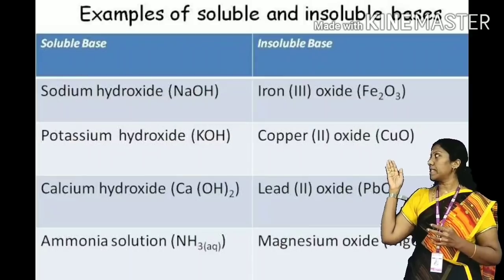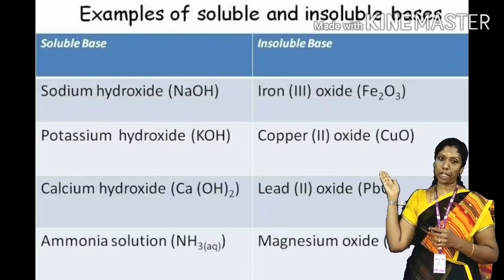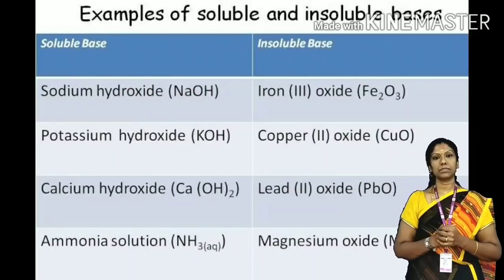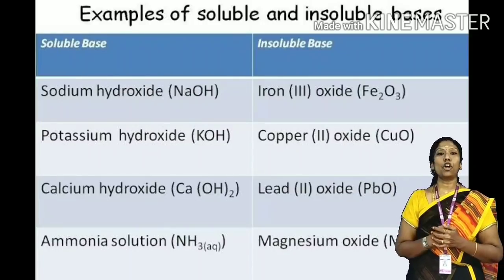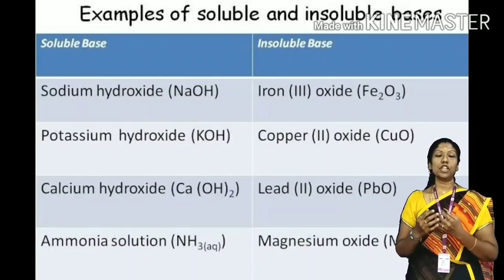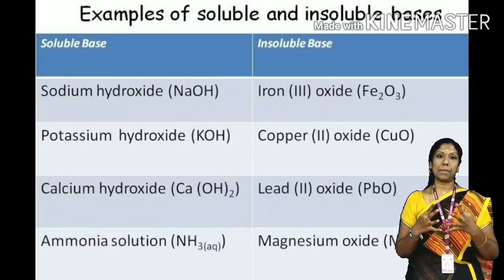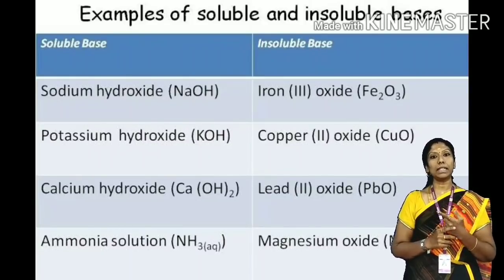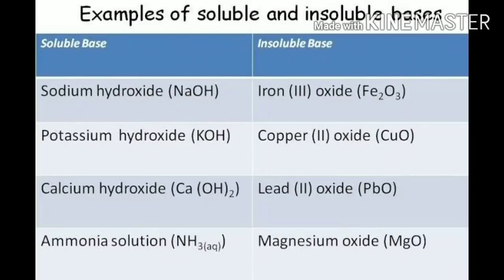In soluble bases, we have sodium hydroxide, potassium hydroxide, calcium hydroxide and ammonia. The examples for non-soluble bases are formed by metal oxides, which include metals like magnesium, copper, lead, etc. We have already said in the previous part that metal oxides are basic in nature.